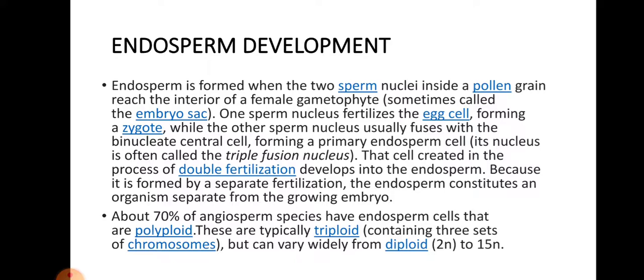One male gamete fuses with the egg cell, and the other male gamete fuses with the central cell, or secondary cell. That time double fertilization occurs, and from the central cell the endosperm will be developed, and from the egg cell the embryo will be developed.